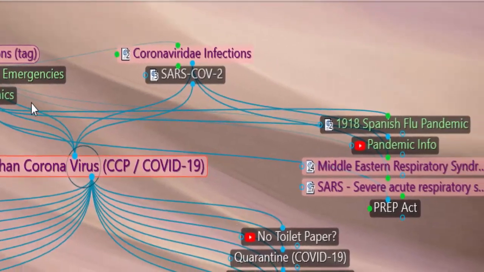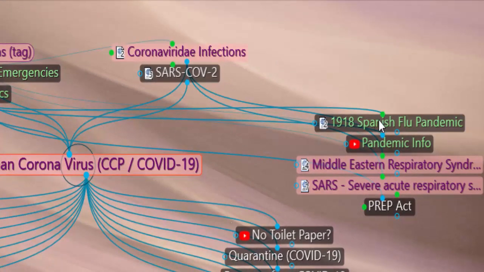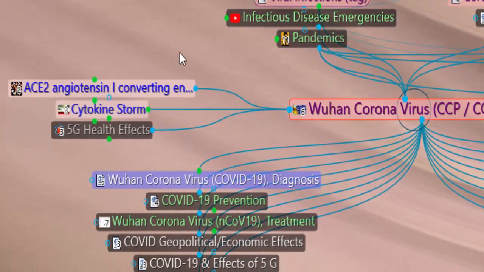That's connected, if you follow the lines over here, to the Spanish flu, general pandemic information, and this viral infections tag is over here related to MERS and SARS and the PrEP Act. So let's go over here and take a look at some of the other things we're going to be covering.